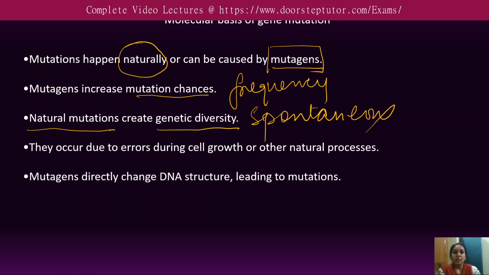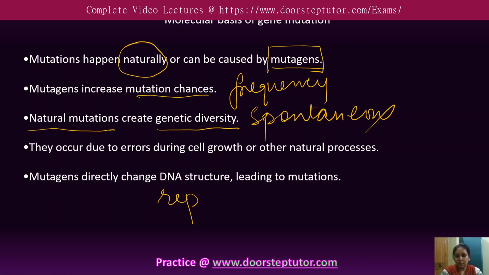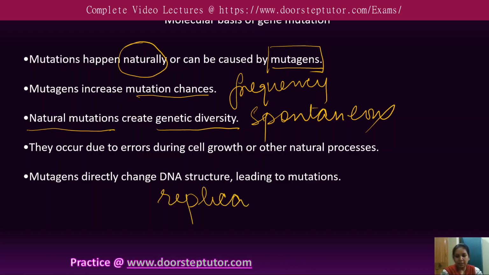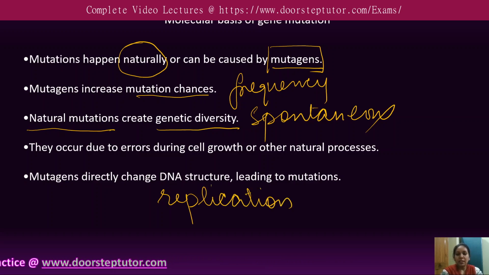Spontaneous mutations can result from the replication process because it occurs naturally. During DNA replication, there are chances that some mistake could be there, so there is a mismatch pairing.